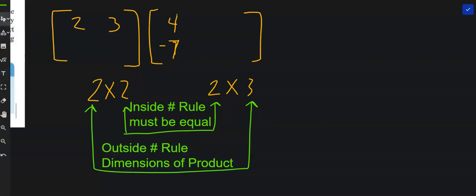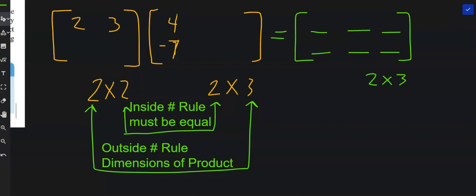So the answer to this question is going to be a 2 by 3 matrix. How many different values are in a 2 by 3 matrix? 6, right? So we're going to have the top row and the bottom row, but there will be 6 different entries in our answer.